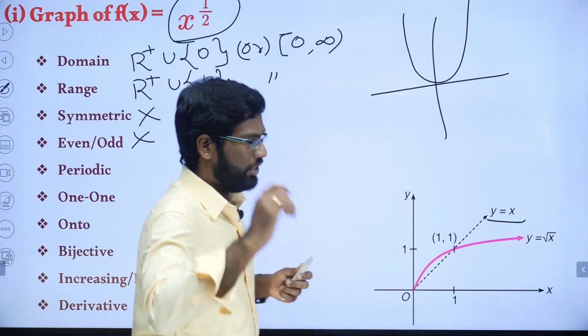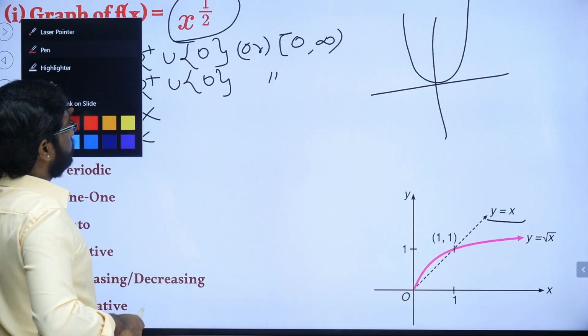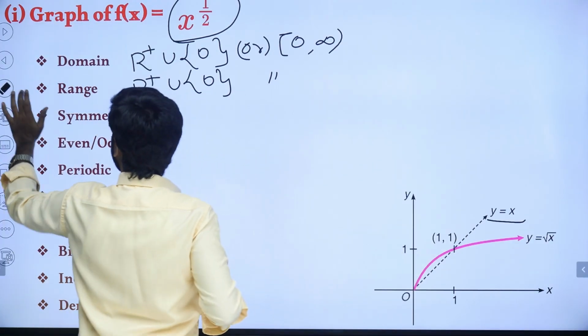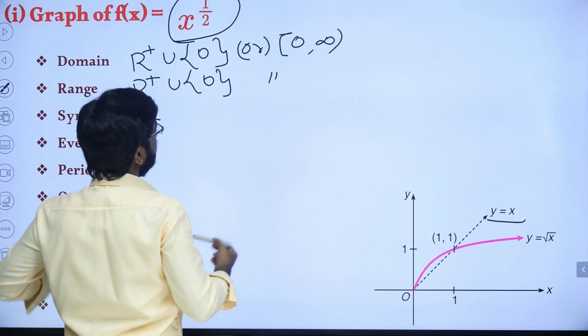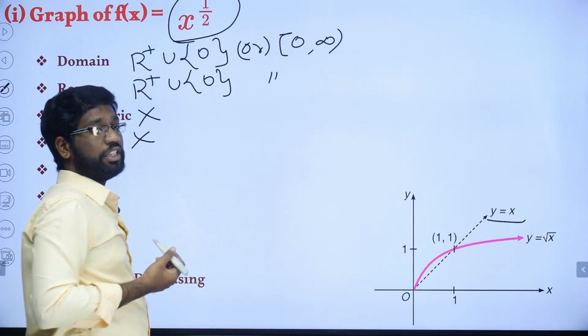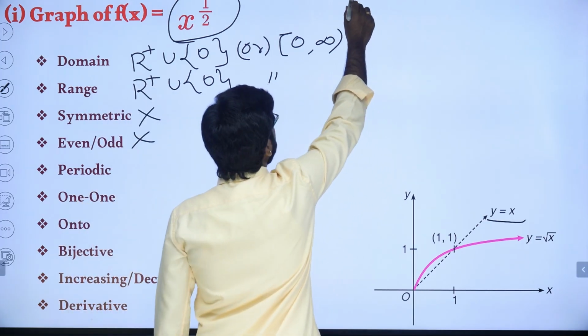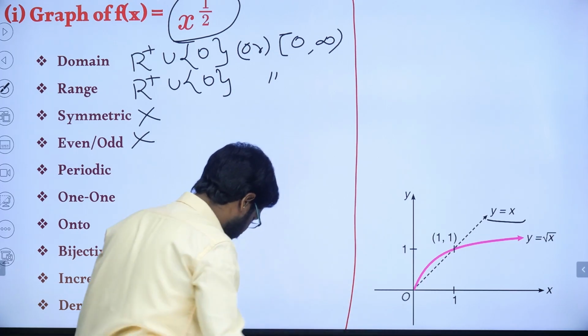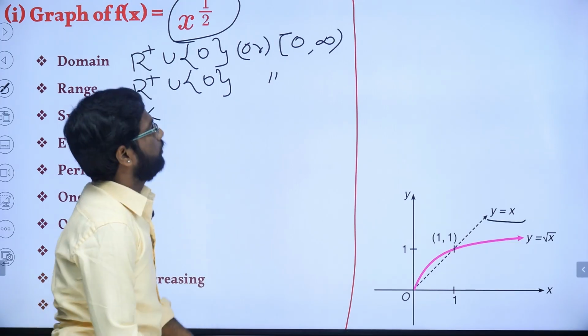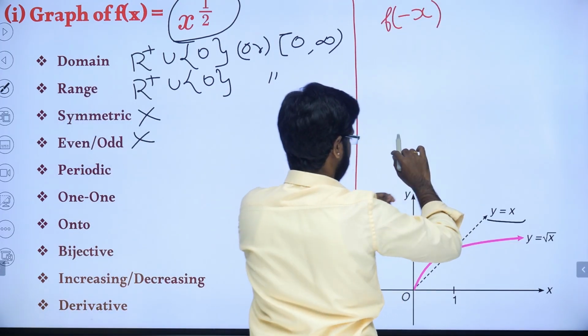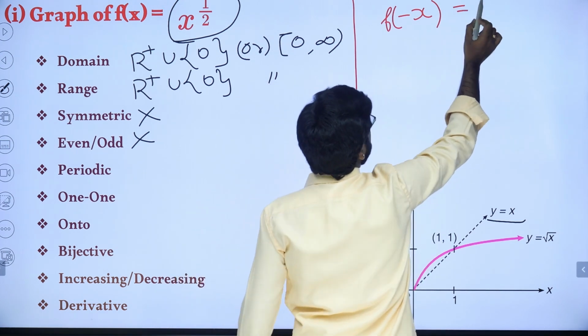You can check it. Let me check. For an even function, what is the condition, my dear students? f of minus x equals f of x.